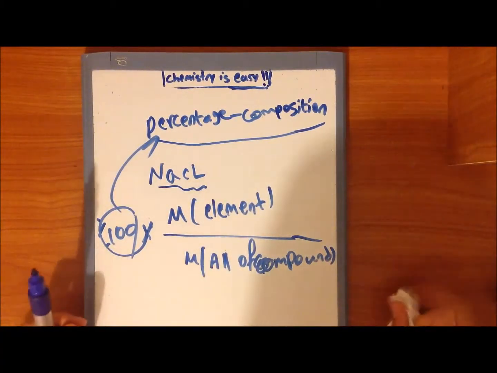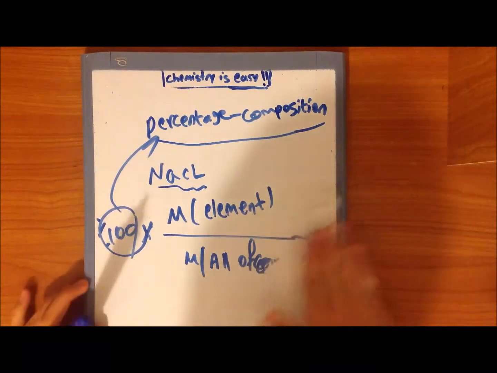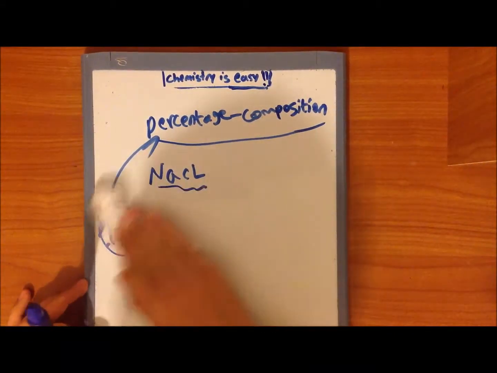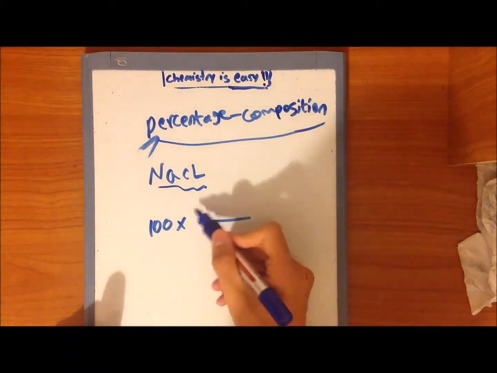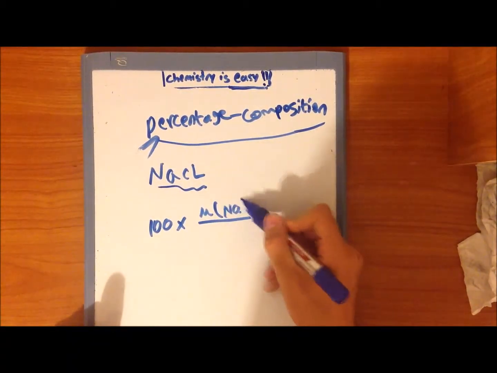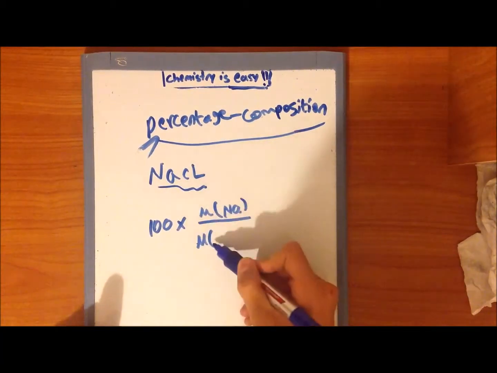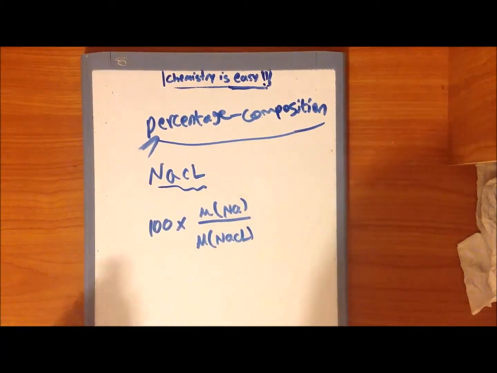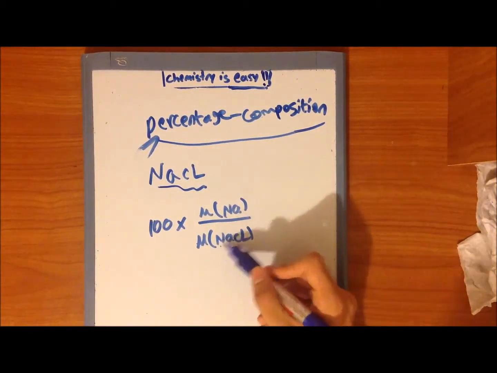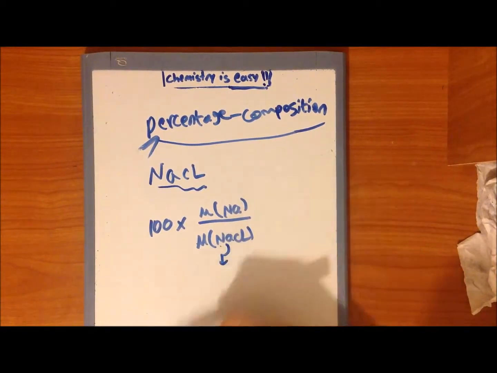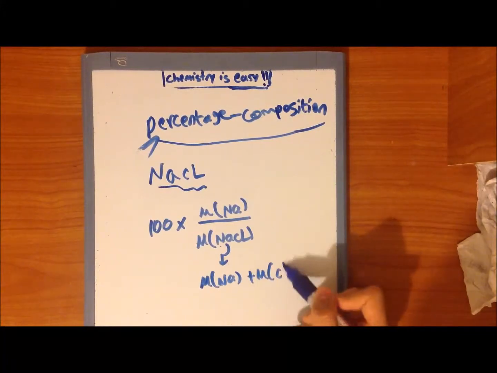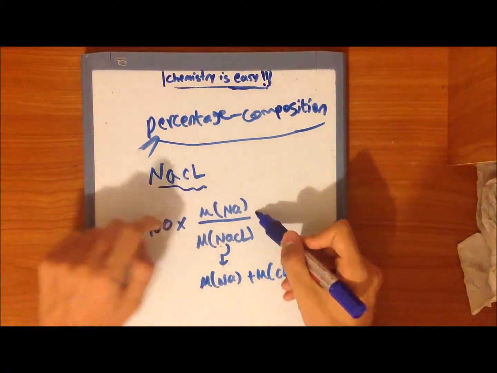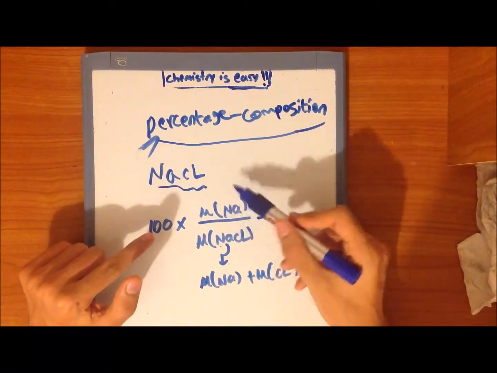So if I want to calculate it, I write 100% times the molar mass of Na divided by the molar mass of NaCl. I can write the molar mass of NaCl to make it easier: molar mass of Na plus molar mass of Cl.